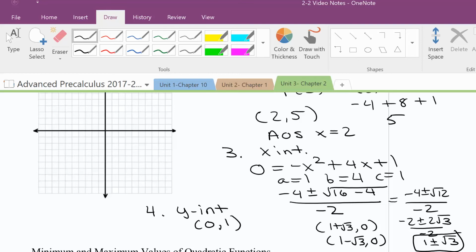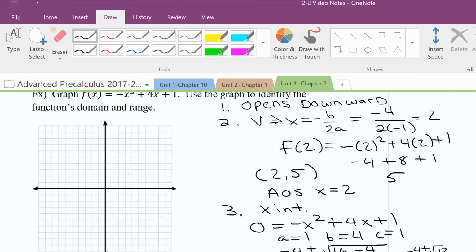So then we graph this. So here's our vertex at (2, 5). And then our y-intercept of (0, 1) is right here. We have our axis of symmetry of x equals 2. So then when we graph 1 minus rad 3, well, rad 3 is going to be bigger than 1, so it's going to be negative something right here.